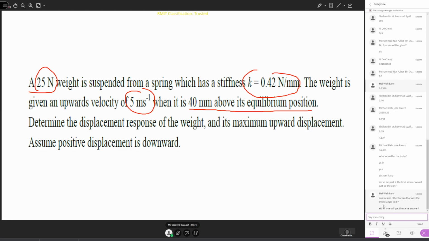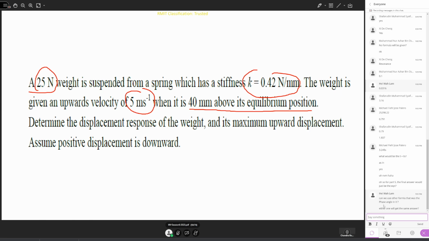So from the given description, you can say when t is equal to 0, the displacement x is equal to 40 mm, which you can convert into meters, so 0.04 meters.